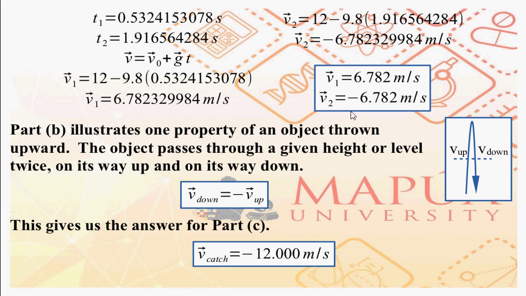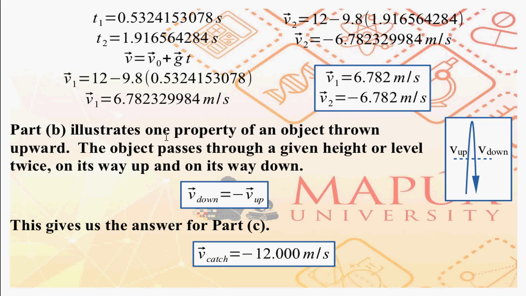And V2 is the velocity as the object is going down and reaches the 5-meter mark. If you compare the two, they are equal in value but opposite in direction. One is positive direction, the other one is negative direction.